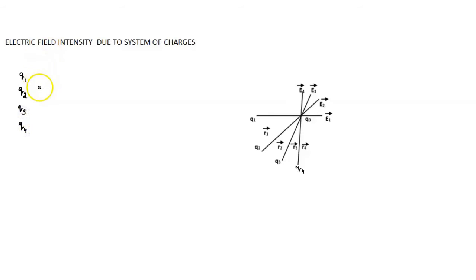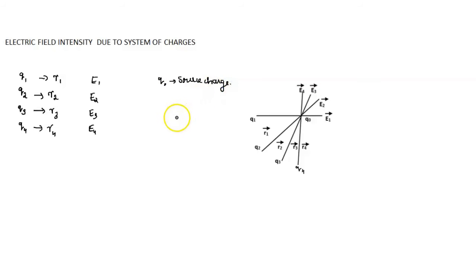So Q1 is at a distance R1 from Q0 and Q2 is at a distance R2 and Q3 is at a distance R3. Similarly, Q4 is at a distance R4, and E1, E2, E3 and E4 are the electric field intensities due to the respective charges, and Q0 is the source charge.